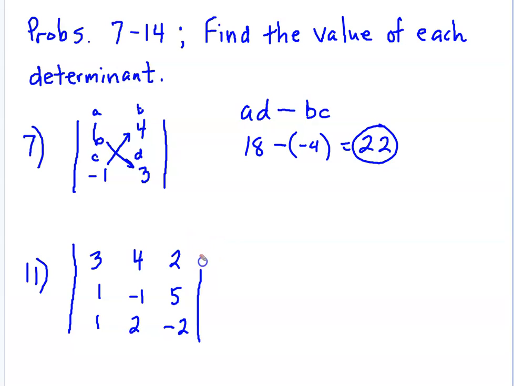I'm going to erase this vertical line because what you end up doing in a 3 by 3 is you need to take the first 2 columns and repeat them. Okay, so just rewrite the first 2 columns, just the first 2.